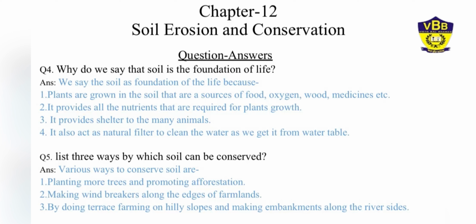Second, making windbreaker along the edges of farmland. Whatever farm we are having, we should make a windbreaker like bunds around the field, so that our soil does not get eroded due to air and water. Third, by doing terrace farming on hilly slopes.